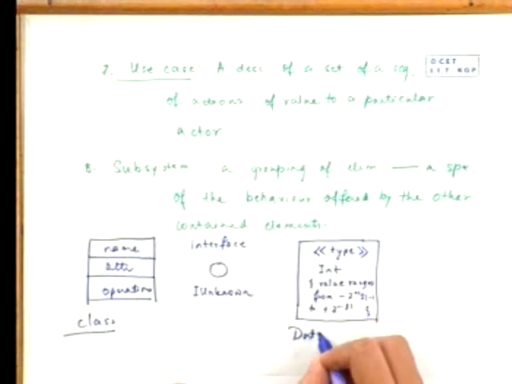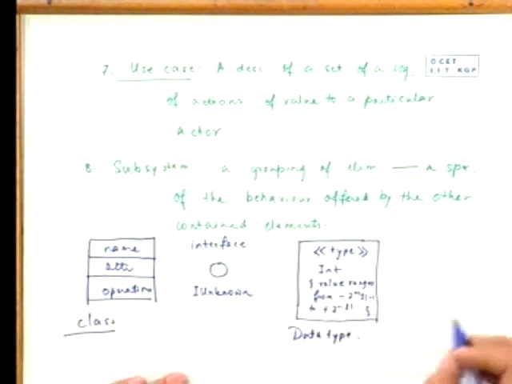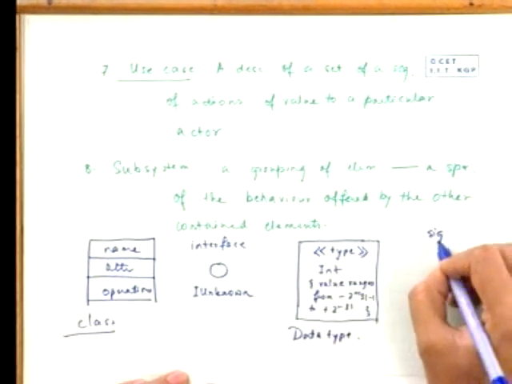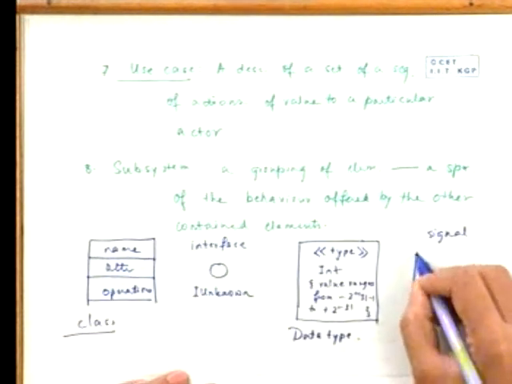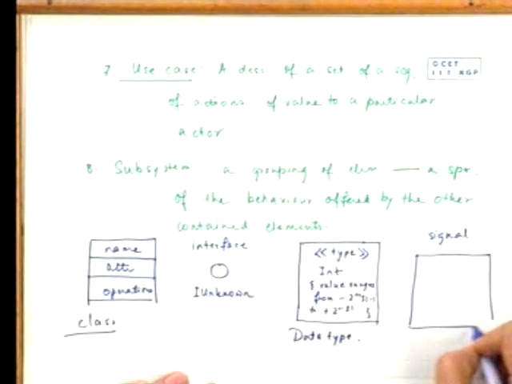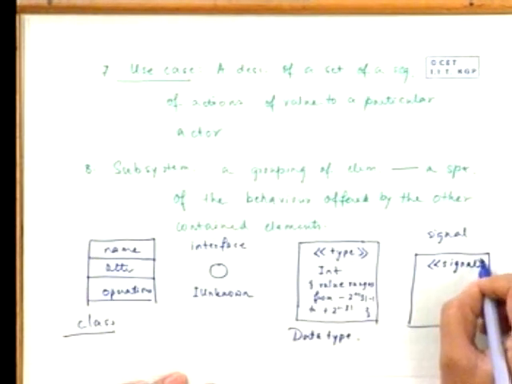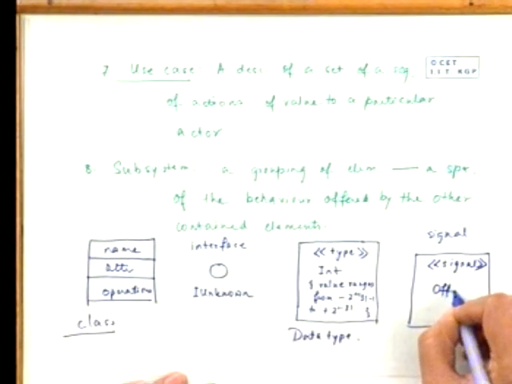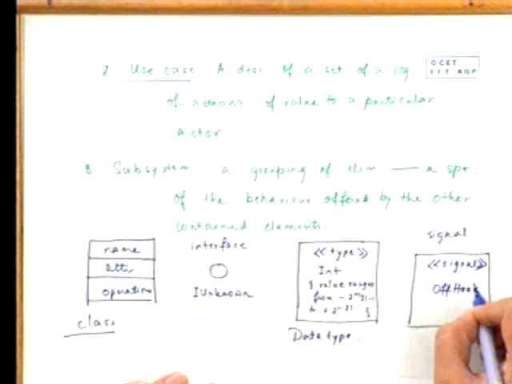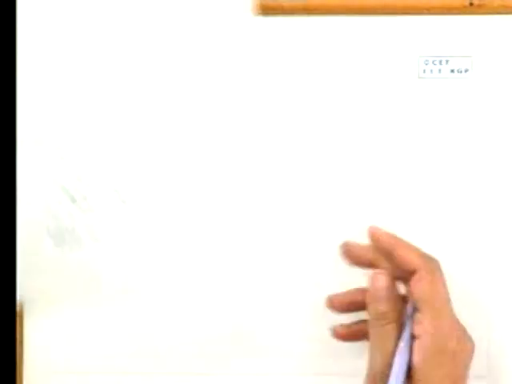So this is how a data type is represented. A signal is represented again by a box with the stereotype signal, and the box contains the name of the signal.